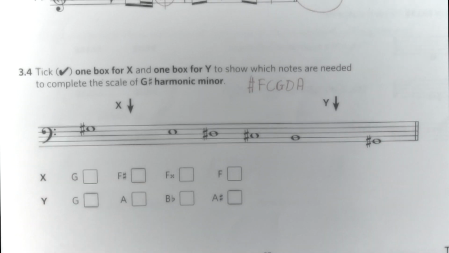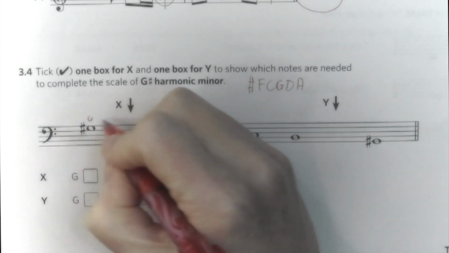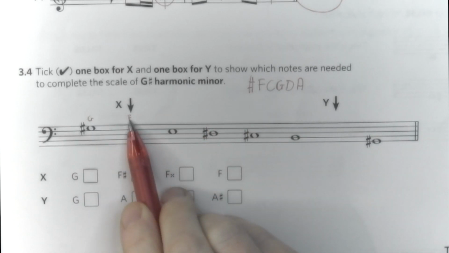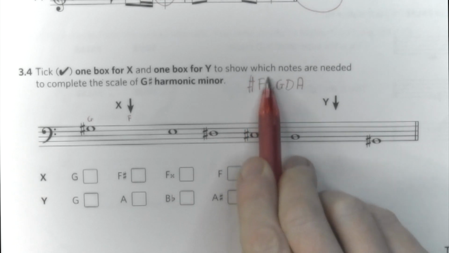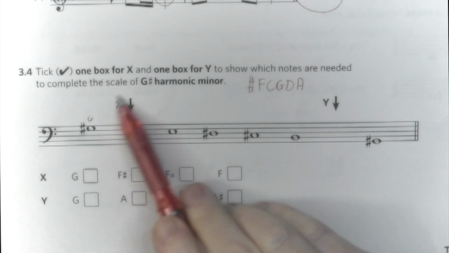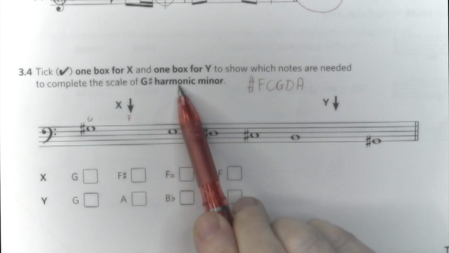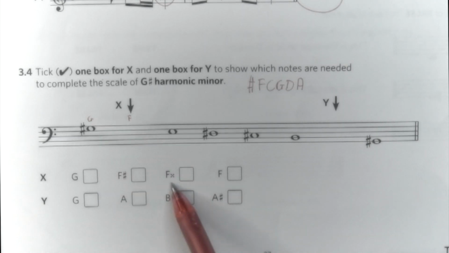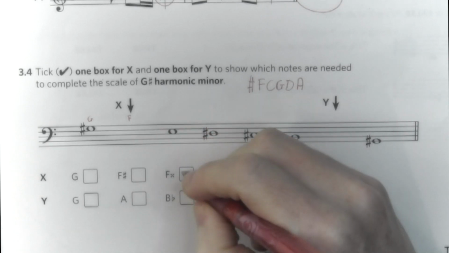We are in bass clef, but never mind, you can write the note names here. So Sol, Fa. What kind of Fa do we have? Okay, Fa is sharp. Yes, great. However, in the harmonic scale, the 7th degree is raised, and so from Fa sharp we go to Fa double sharp. So that's the answer.